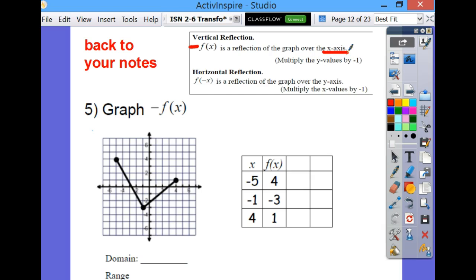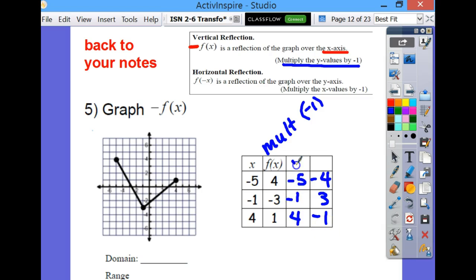If it goes over the x-axis, the y values multiply by -1. This is the original table, and to reflect it over the x-axis, you multiply the y values right here by -1. If you multiply by -1, it changes the signs. The x values stay the same.